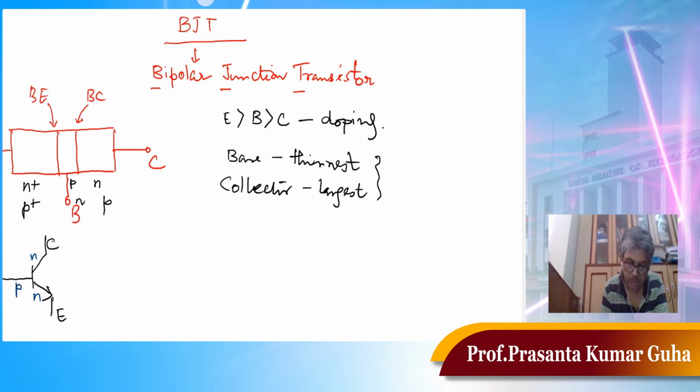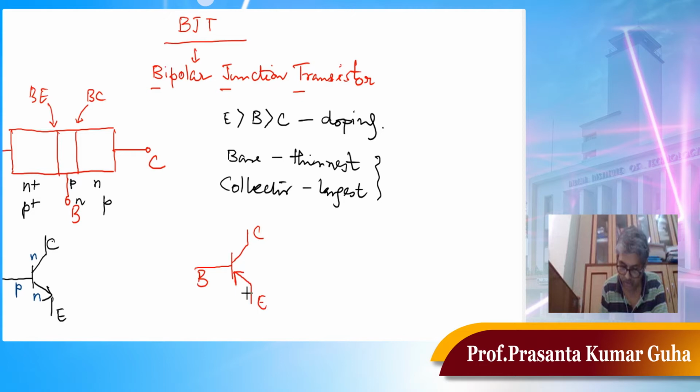Okay, what about PNP BJT? The symbol is almost same. The only difference here is the direction of arrow. You see, here also you need to give the arrow at the emitter terminal. Okay, and the direction of the arrow represents the direction of current.